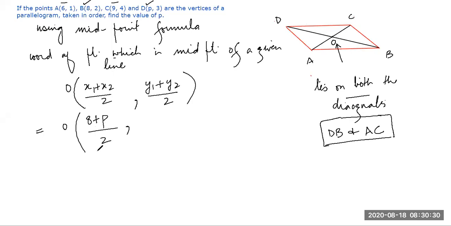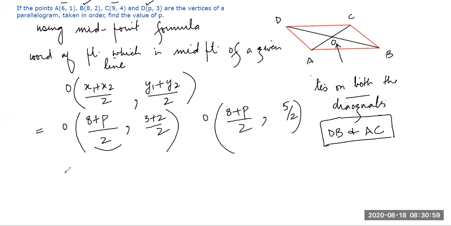This is the abscissa of point O. What will be the ordinate? Can you tell? It will be 3 plus 2 by 2. Am I right? So O coordinates are (8 plus P) by 2 and 5 by 2.